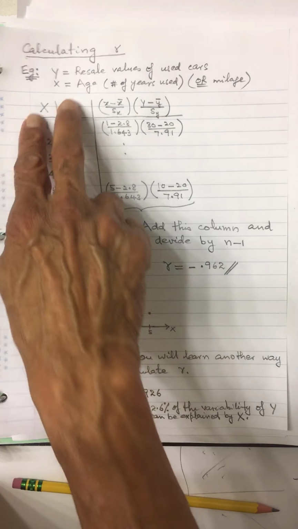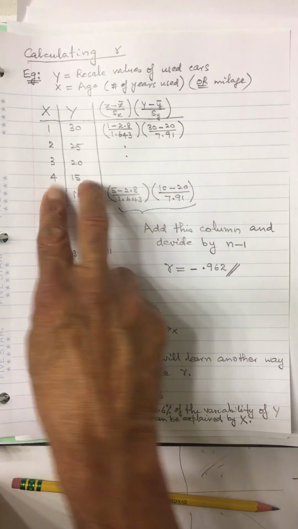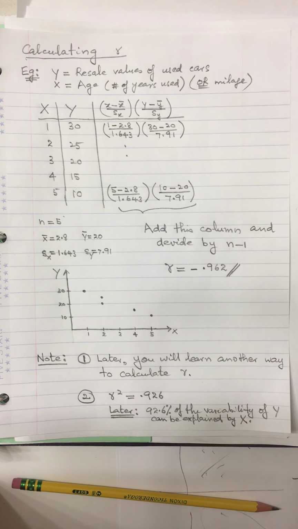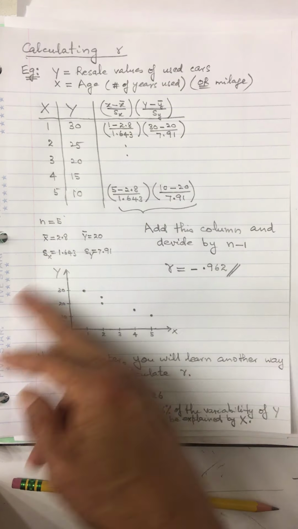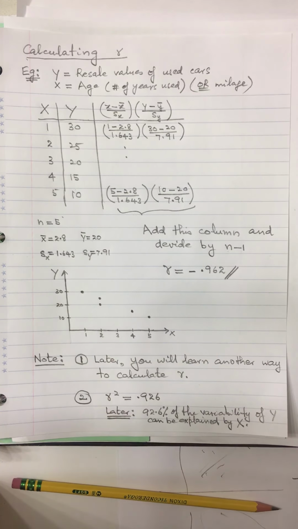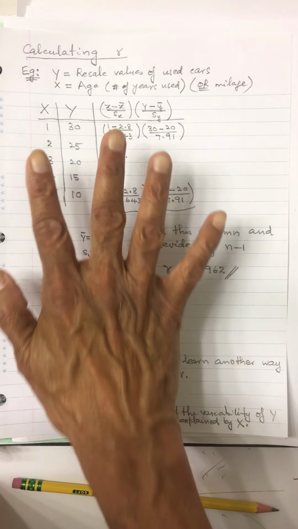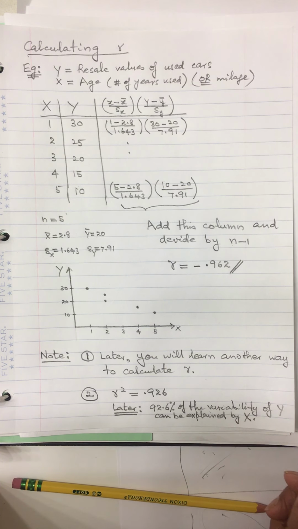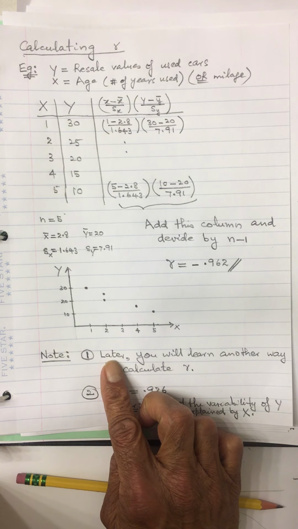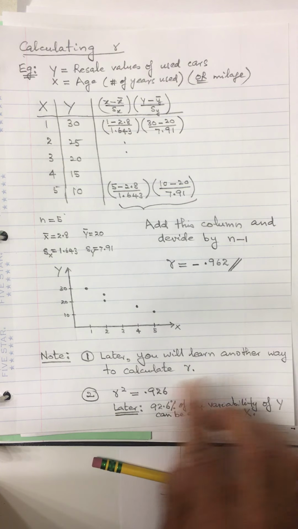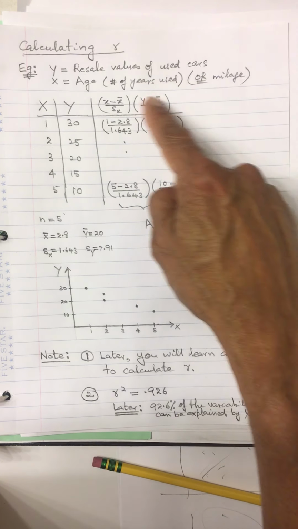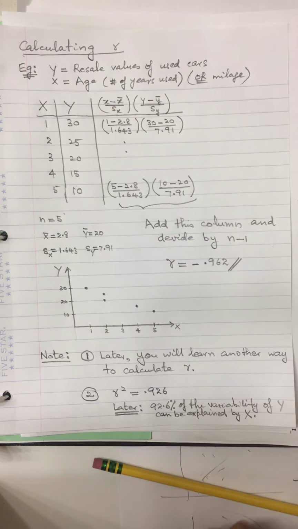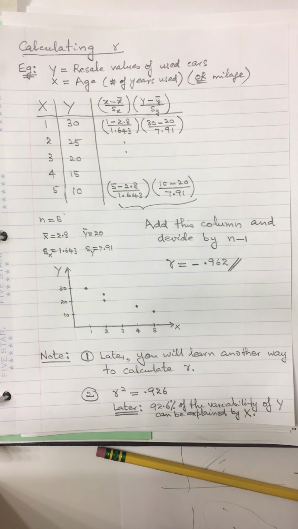All you do is put in these values and these values, and ask the computer to do it, and it will give you this immediately, along with many other things. So this is how to do it if you have to use a calculator. Later I will give you another way to calculate this R value rather than calculating it like that.